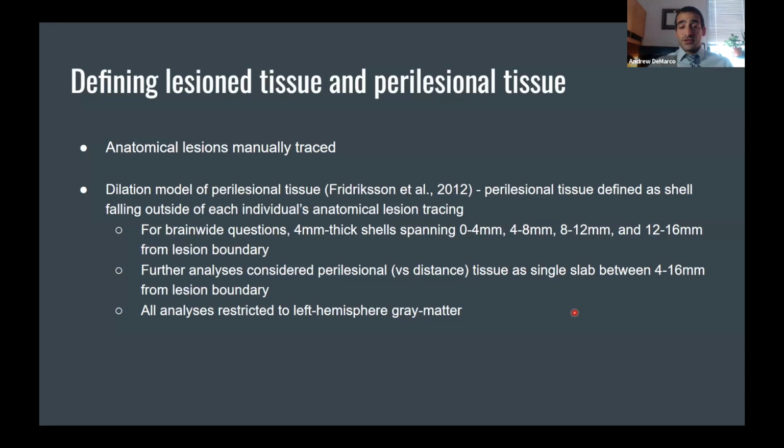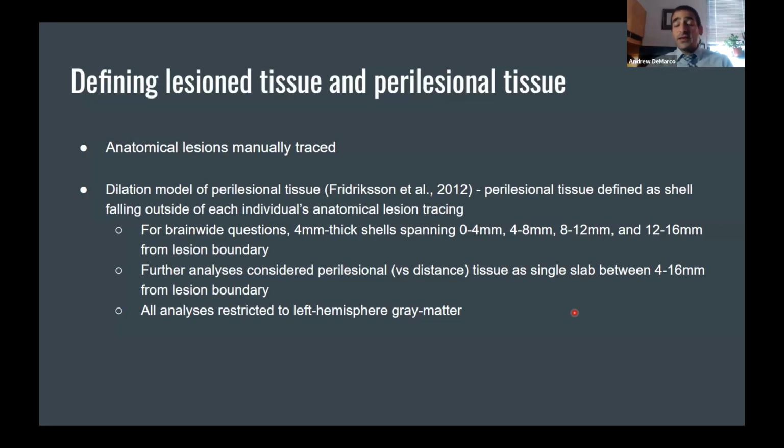definition of perilesional tissue. In this study, we did two sets of analyses. In the first set, when we look brain-wide, we use that shell and expand it several times, looking at several different distances from the lesion edge for each of the patients.